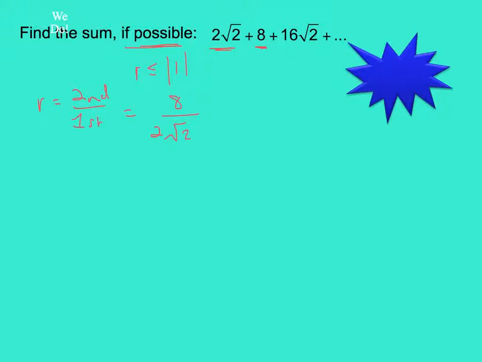Okay, now I could just throw this in the calculator, but because I can't pull up the calculator and show you on this program, I'm going to just go ahead and reduce this. So 2 goes into 8 4 times. So I get 4 over square root 2. And when I actually put that into the calculator, I find out that this is actually greater than 1.